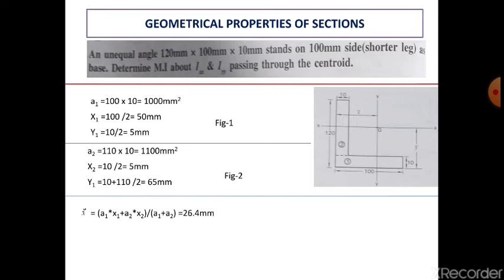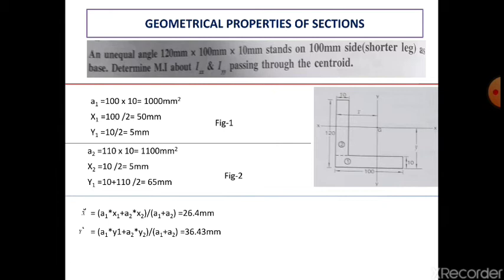Then y bar is A1 y1 plus A2 y2 by A1 plus A2, right? Once you substitute the values, you will get the answer as 36.46. With the reference lines, if you measure this distance, you will get the centroid of it.